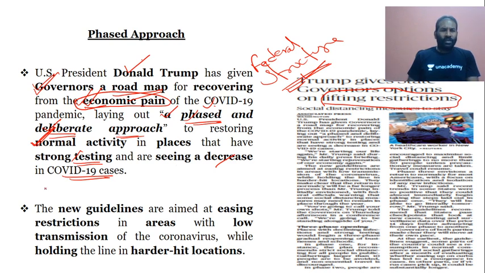And then Trump has come up with a roadmap, that is, with new guidelines. What guidelines are they? They are in regards to easing, in the sense of relaxing, the restrictions because of the lockdown in areas wherever there is low transmission, or not many hotspot areas because of the spread of the coronavirus, or wherein many of the people are not infected severely, the number is not high.